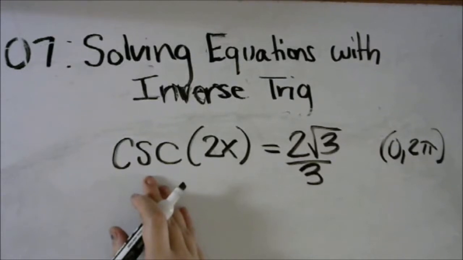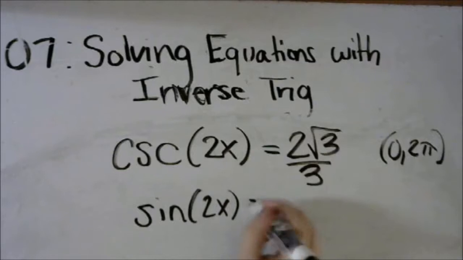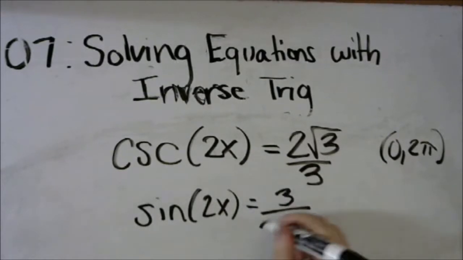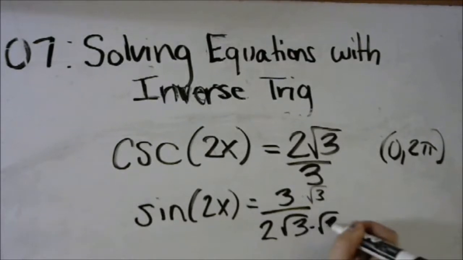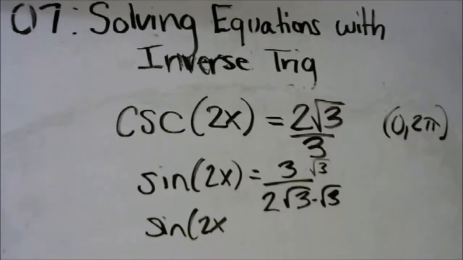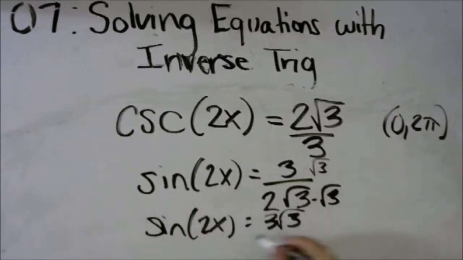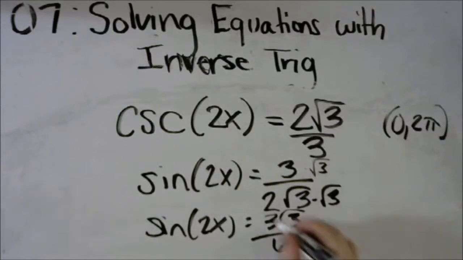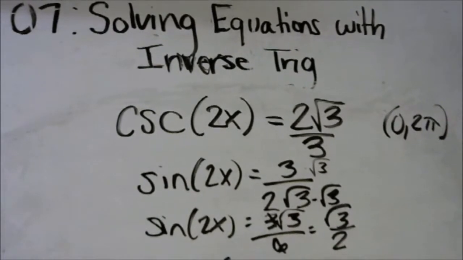So we're going to reciprocate this equation. Sine of 2x is equal to 3 over 2 rad 3. Go ahead and rationalize that radical. Sine of 2x is equal to 3 radical 3 over 6, or rad 3 over 2.